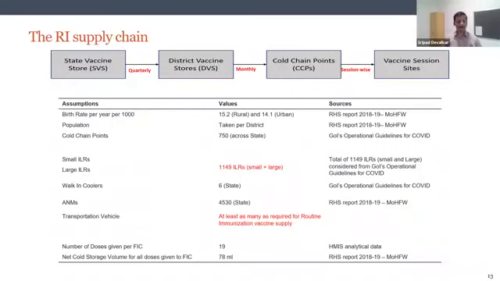And for all these doses together, the cold storage volume required to store all the doses for one fully immunized child is about 78 ml. So once we know the storage capacities of each of these cold storage infrastructure, and we know the net cold storage requirement, we can calculate how many routine immunization vaccines can be stored in a given capacity and so forth.